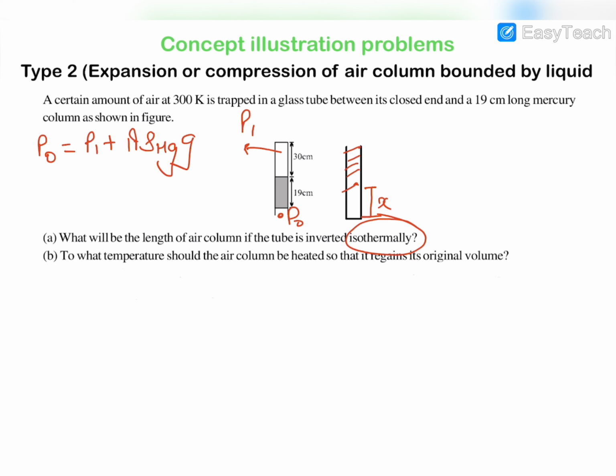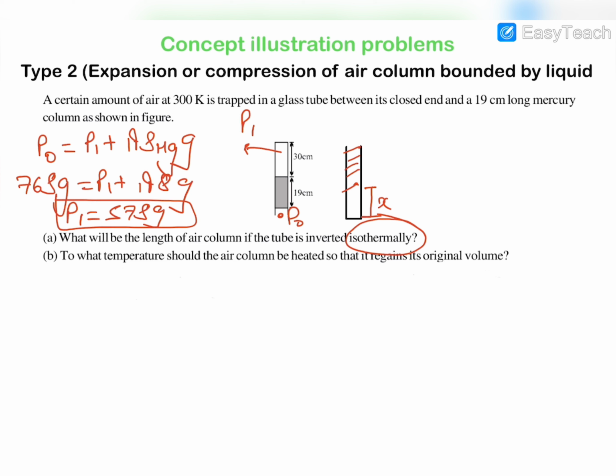P0 is obviously 76 rho g, where rho is the mercury density, equal to P1 plus 19 rho g. So you can see that P1 will be equal to 57 rho g.